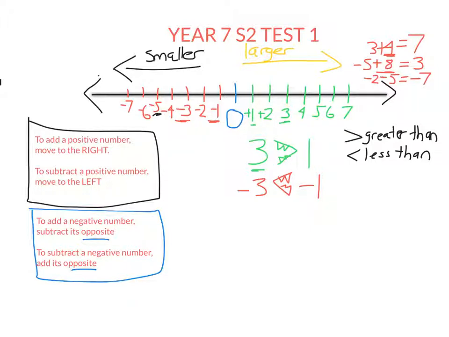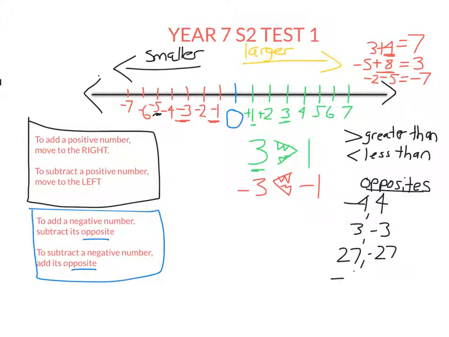So what I mean by that is, like -4 and 4, they are opposites because they're both a 4, but one has a positive sign, one has a negative sign. The opposite of 3 is -3. The opposite of 27 would be -27, and the opposite of -90 would be +90. Okay, so in each case it's the same number, but a different sign. So we're going to use that to add and subtract negative numbers.